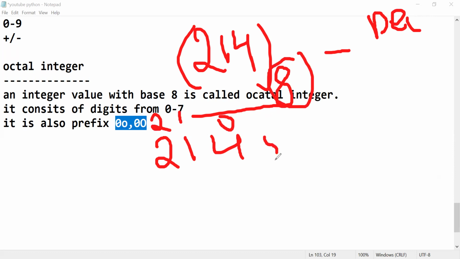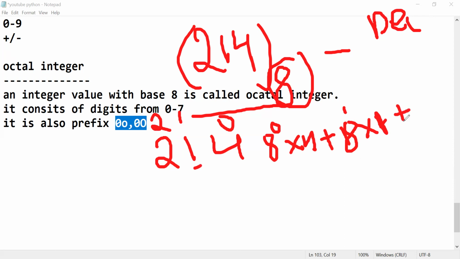So we have to write it like 8 power 0 into 4, plus 8 power 1 into 1, plus 8 power 2 into 2, guys.